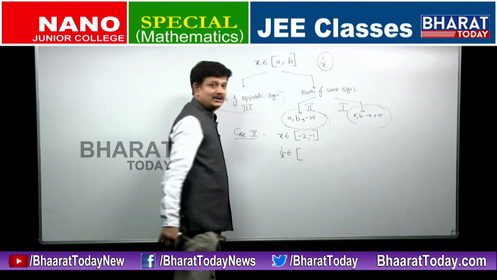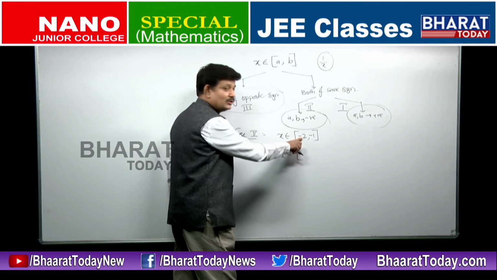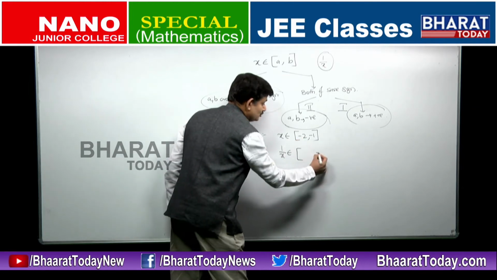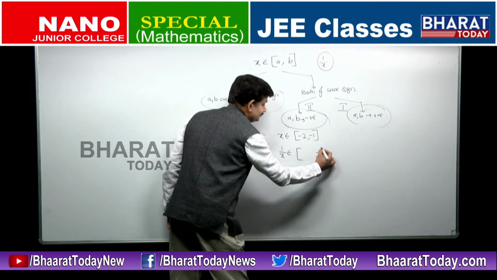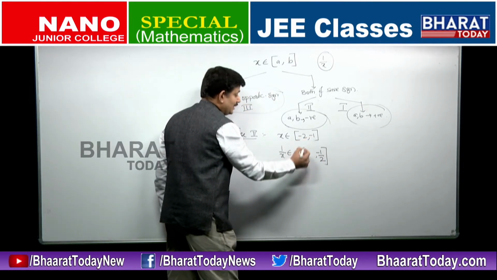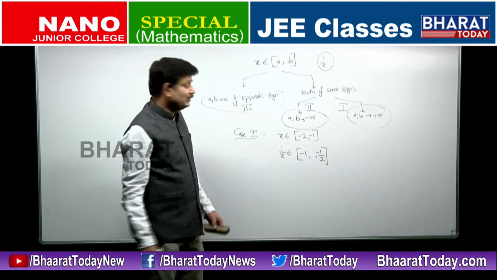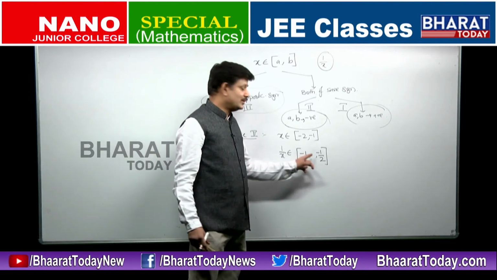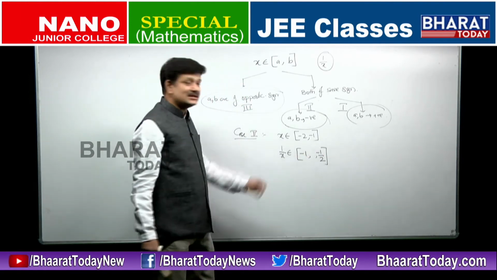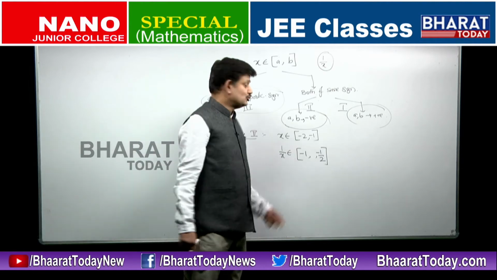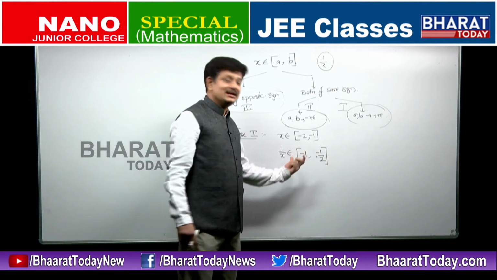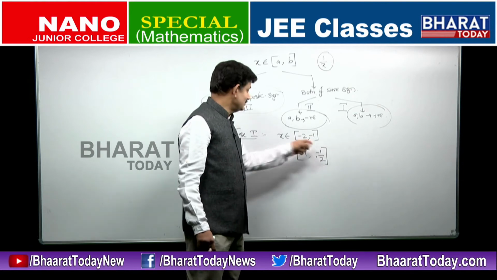Reciprocal of minus 2, minus 1 by 2, will come on the right. Reciprocal of minus 1 will come on the left. So 1 by x will lie between minus 1 and minus half. In this case also it is a decreasing function, so you simply interchange the positions of these numbers.